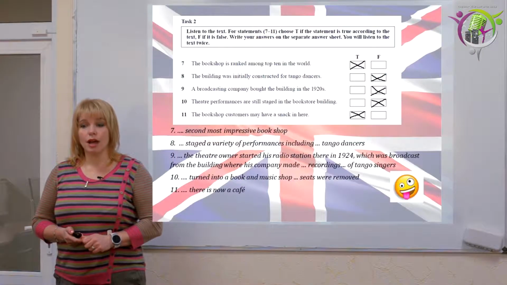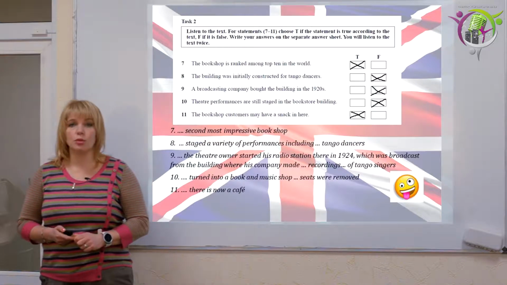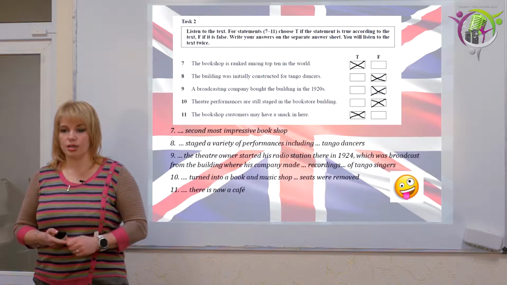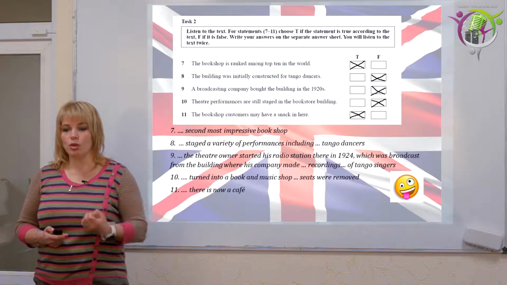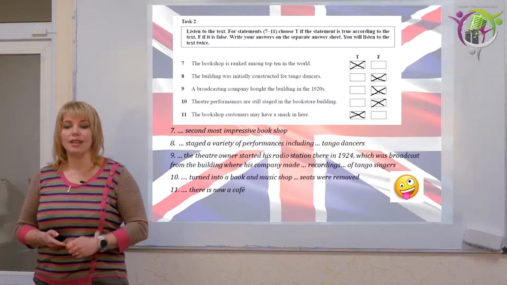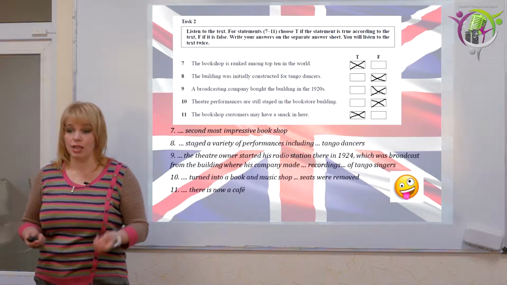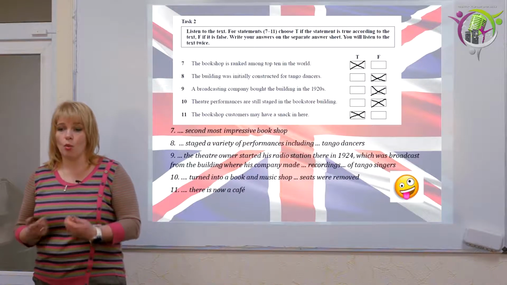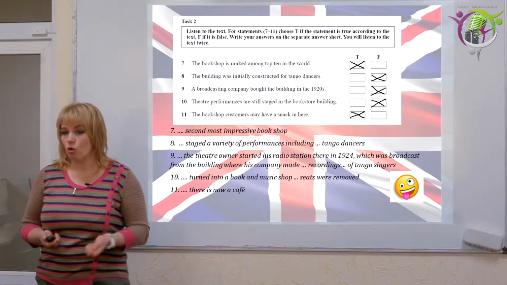So the correct answers for this task will be the following. For task 7, it's true, because the speaker said the bookshop is second most impressive, which means it belongs to the top 10 of the world, right? So why is statement 8 false?